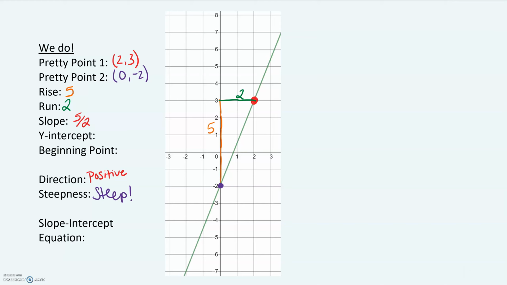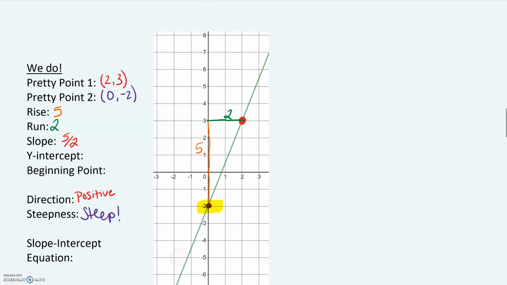All right, so now I need to find my y-intercept. And remember, our y-intercept is the point where our graph crosses the y-axis. So what's really nice here is that I actually have my nice pretty points on my y-axis, but I'm going to highlight it just so we can see it a little bit better. But right there, that is the point on our graph where it's crossing over that y-axis.